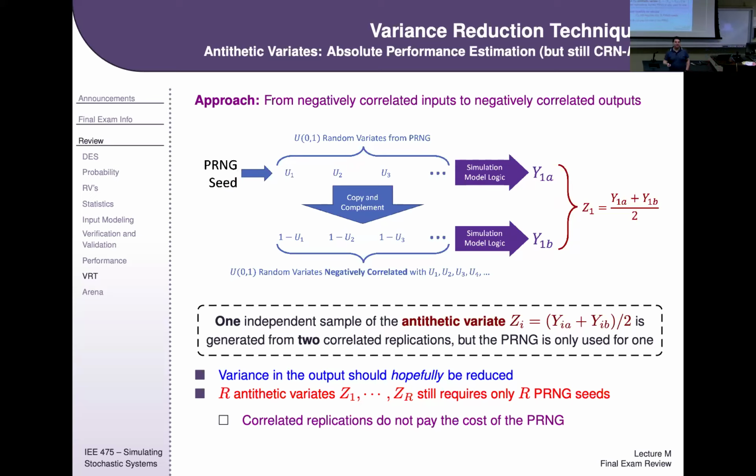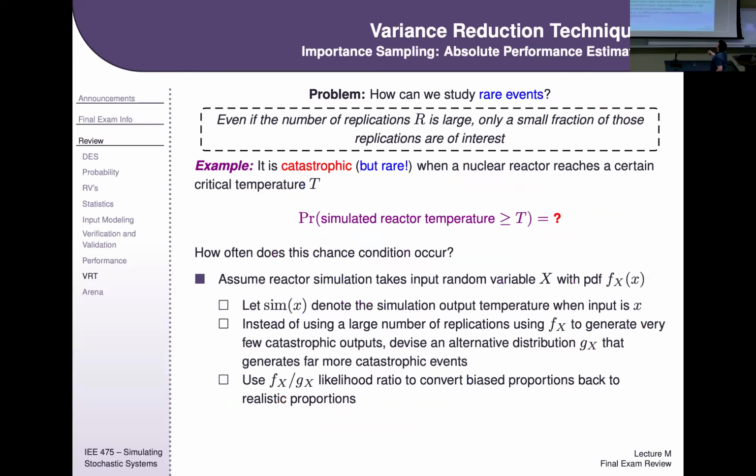And as you'll see in previous final exams, sometimes I'll use that notation to refer to the antithetic variates. And then the last one, importance sampling. After learning how important it is to get your input models right, we finally give you the permission to just use arbitrary input models. They're not totally arbitrary.